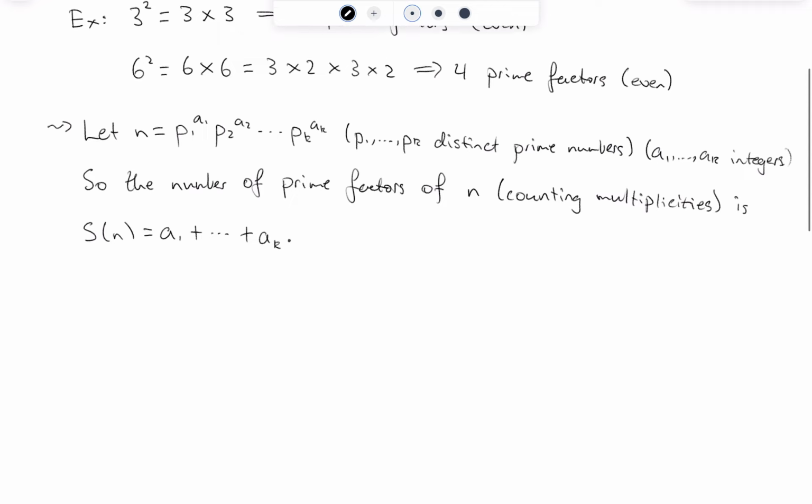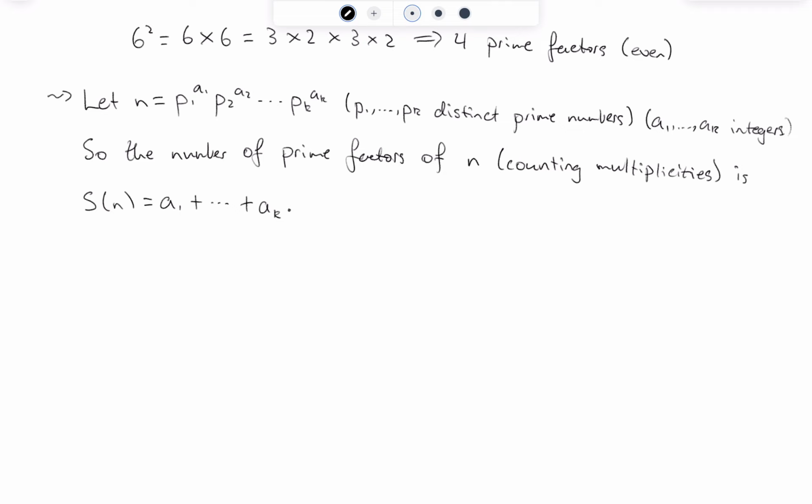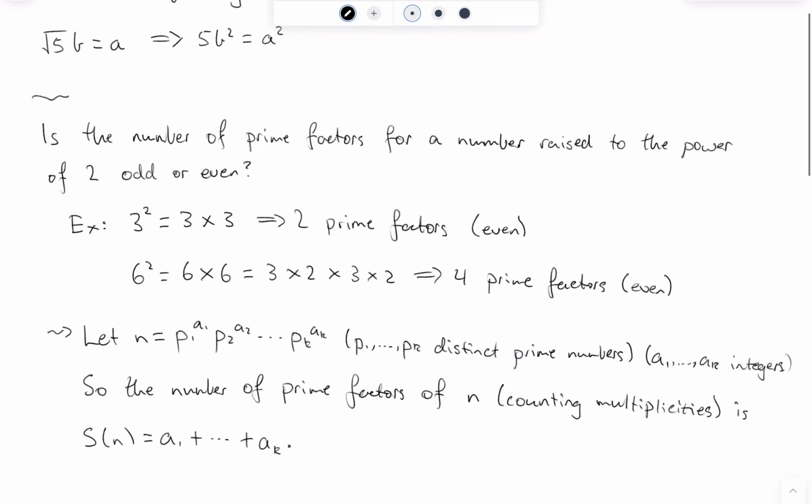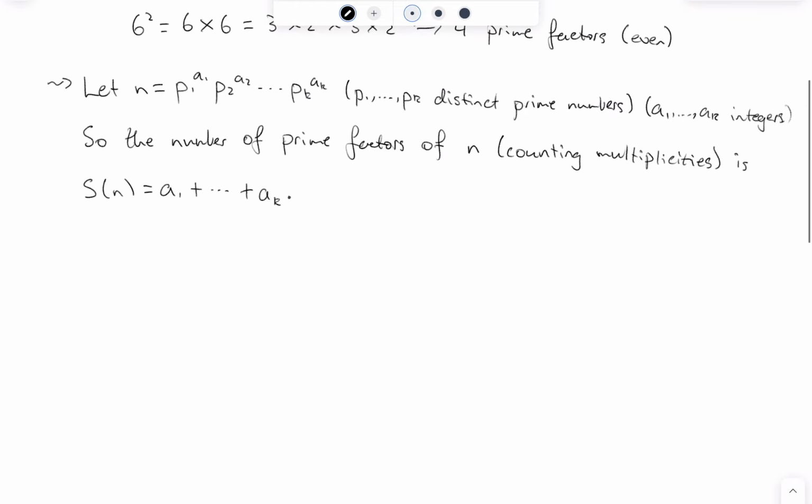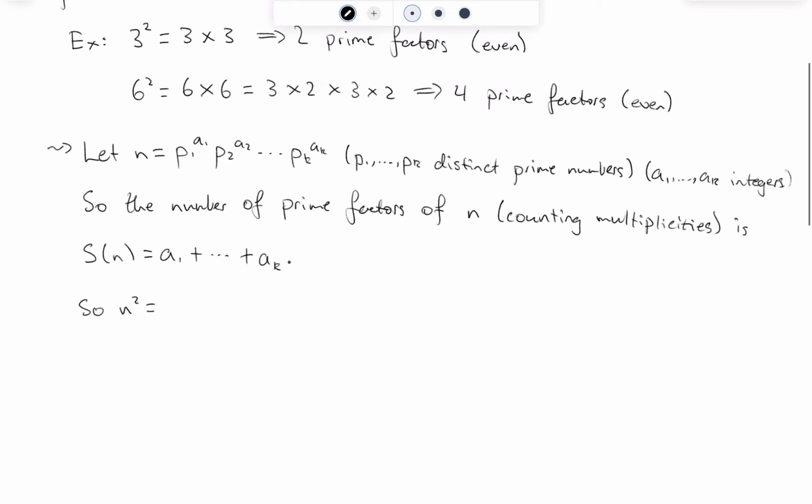So this is useful to show the next step, which is we're trying to look at the value of n squared. And if you look at our proof, they involve squared values here. So we have n. Now let's square the value of n. So n squared, if we square that, we'd have to square this right-hand side.